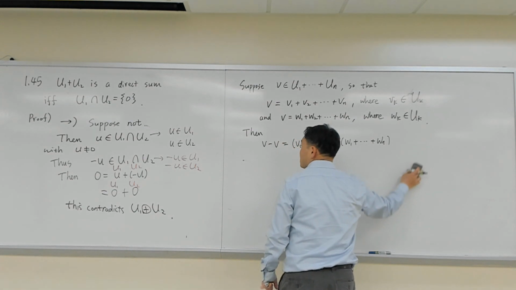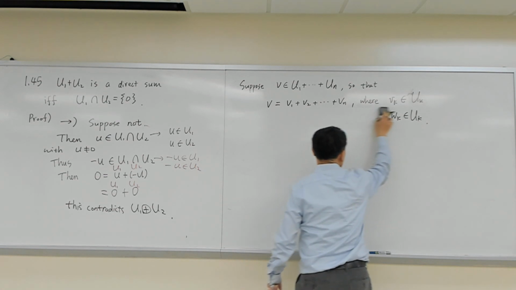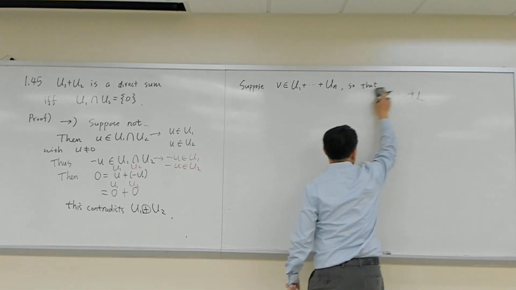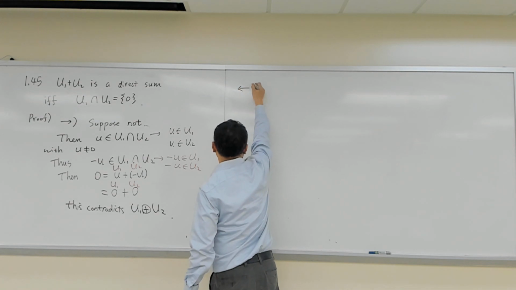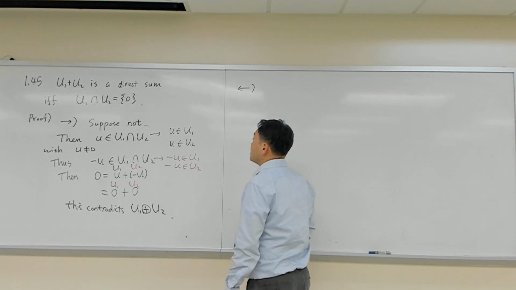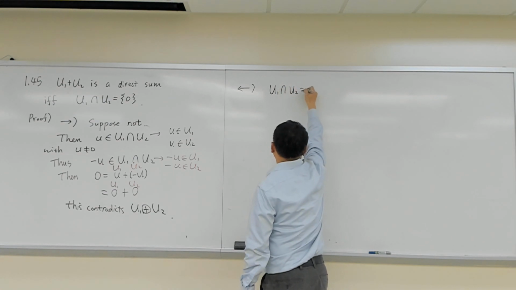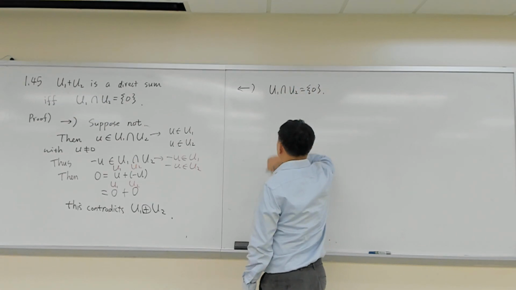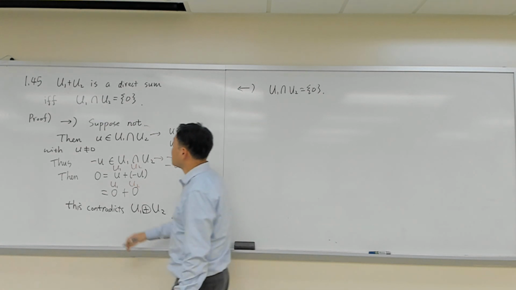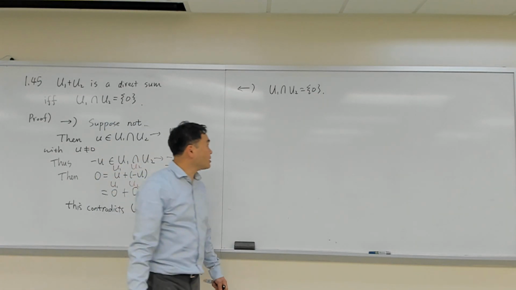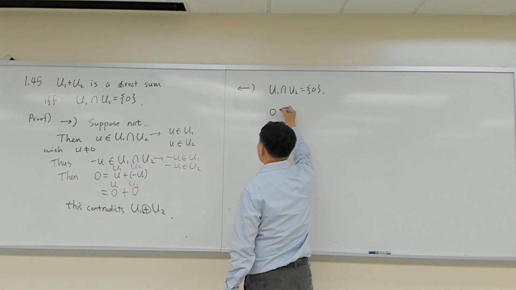Now since we're doing if and only if, we better do the other way. So suppose this way. If U1 intersect U2 is 0, I have to show that U1 plus U2 is a direct sum. Well, we know that we can show this if 0 is uniquely representable, right?